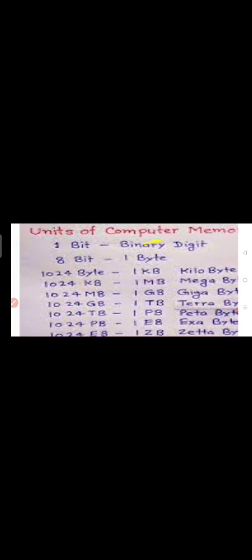Next, we already discussed computer memory, the units of computer memory. Here we have 1 bit, which is only one binary digit, 0 or 1. Then 8 bits, which we can say is 1 byte.